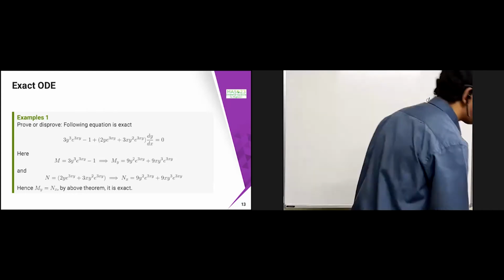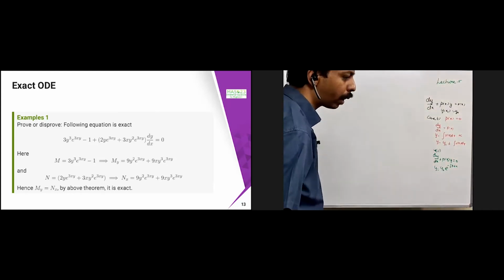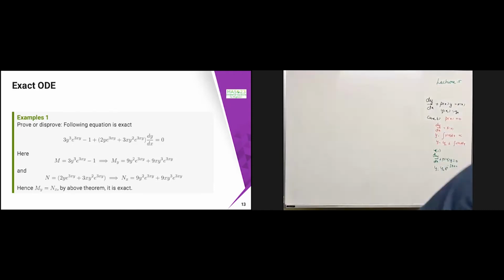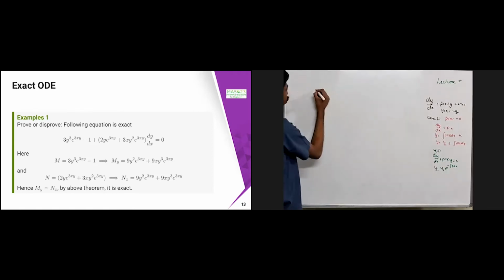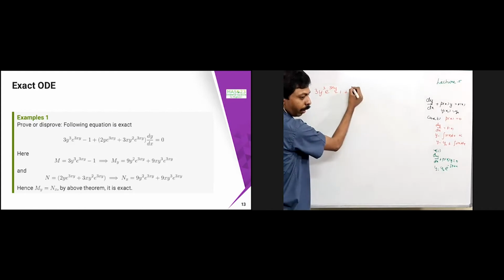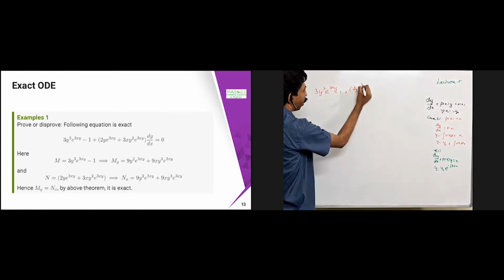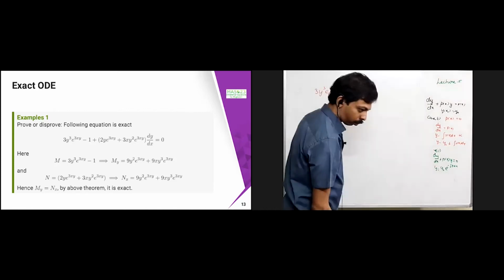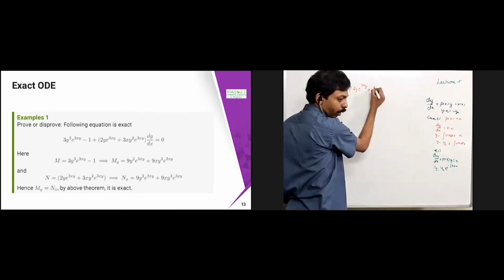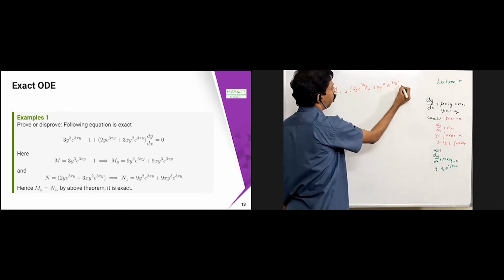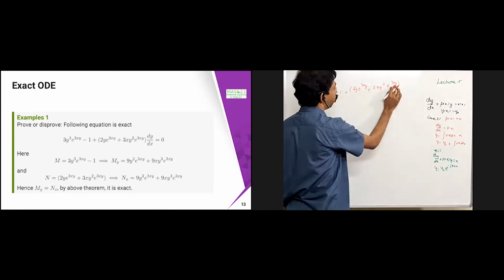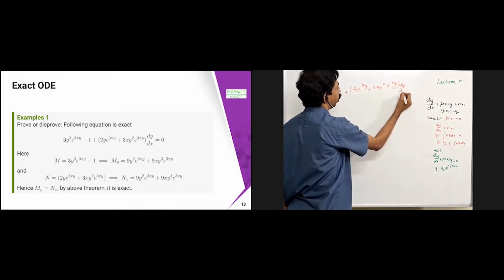Now I have to prove or disprove this one. So 3y cube e power 3xy minus 1, plus 2y e power 3xy plus 3xy square e power 3xy into dy by dx equals 0.